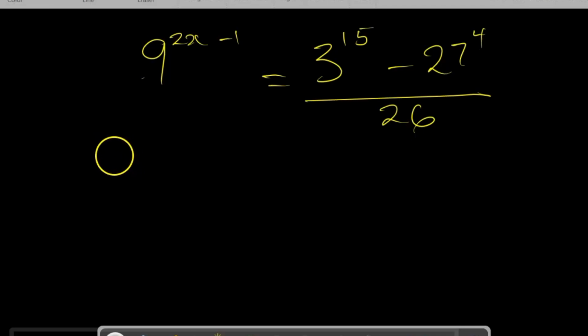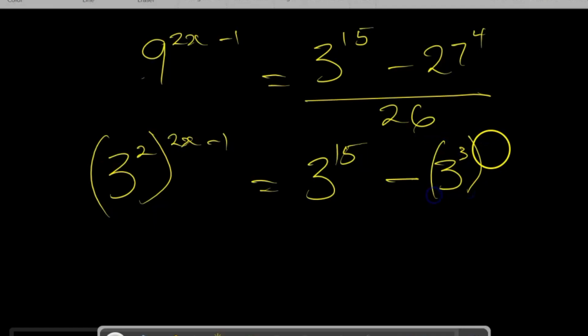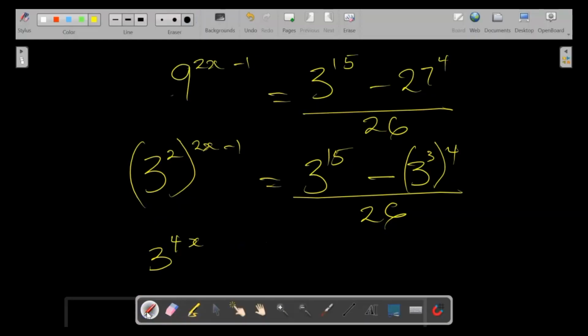So instead of writing 9, I'll write 3 raised to the power of 2, then 2x minus 1 to be equal to 3 raised to the power of 15 minus 3 raised to the power of 3, then 4 over 26. Multiplying 2 by 2x, we have 4x minus 2 times 1 is 2.